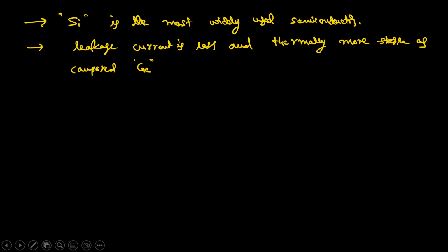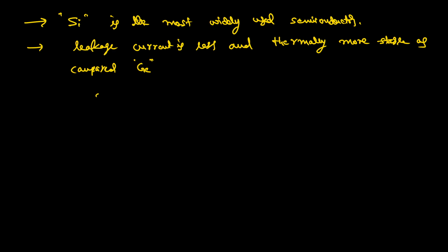So germanium is not the most widely used semiconductor; it is used for specific application purposes only. But silicon is the most widely used semiconductor because it has less leakage current and very high thermal stability.